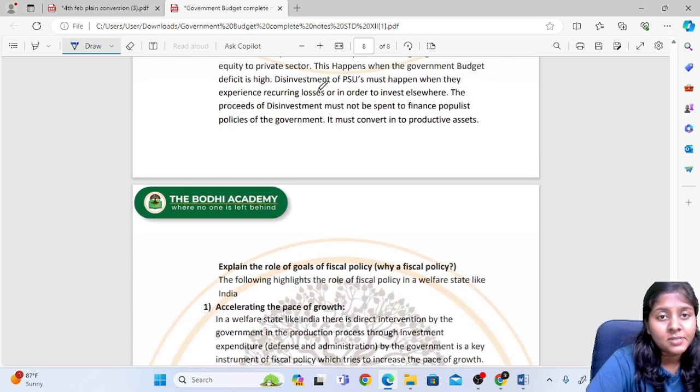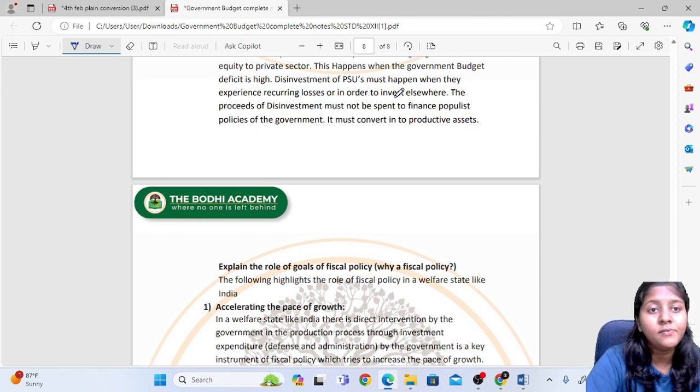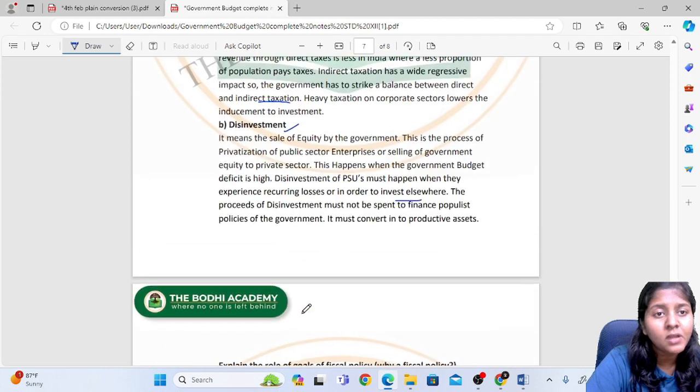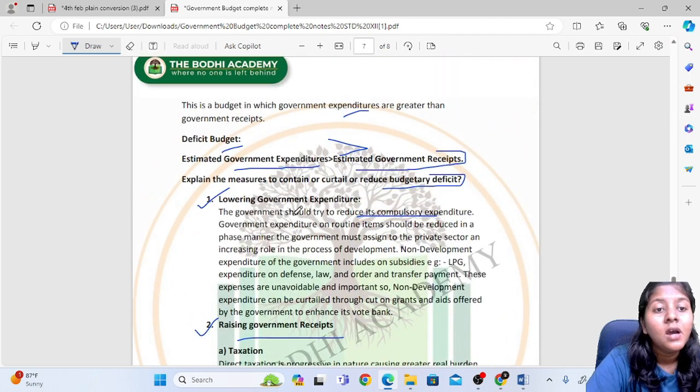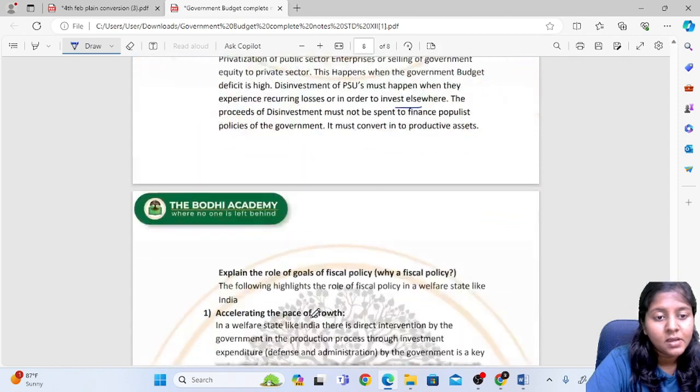Disinvestment of PSUs, that is public sector undertakings, must happen when they experience recurring losses or in order to invest elsewhere. The proceeds of disinvestment must not be spent to finance populist policies of the government. So this is with regard to how we can curtail or reduce the budgetary deficit.